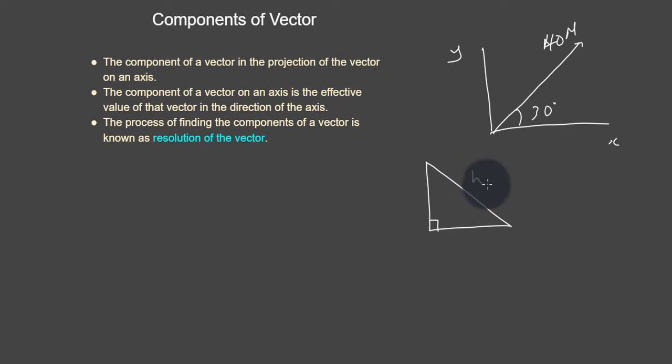So this is hypotenuse H. So let's say given that this is the angle, so this is angle theta. This side is the opposite to theta, right? The side that is at the base of this angle is known as the adjacent, and this is the hypotenuse, right?